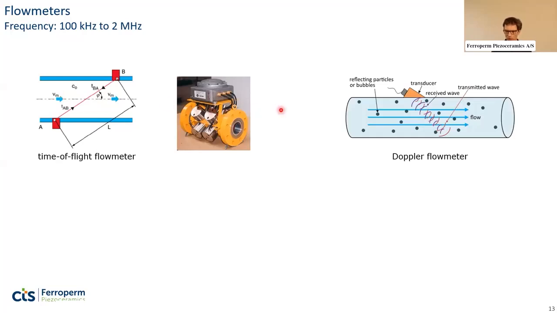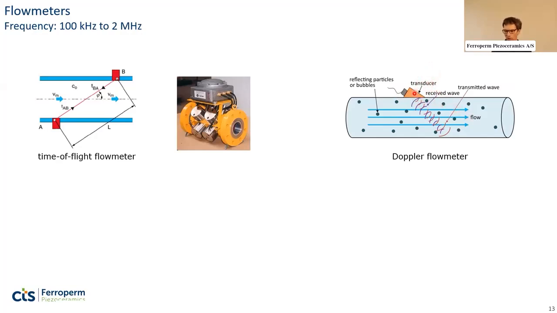Another principle is shown over here. This is the Doppler flow meter, where you actually have just one transducer, and then you are transmitting a wave, and you are listening for the received signal. And if there is a frequency shift between the transmitted and the received wave, this is actually a Doppler shift.